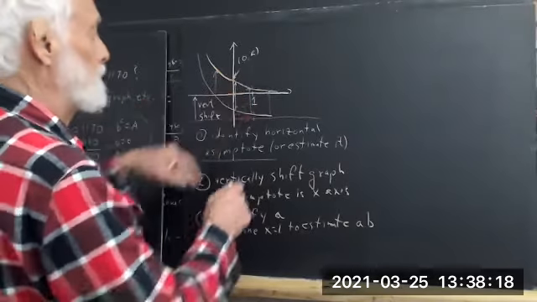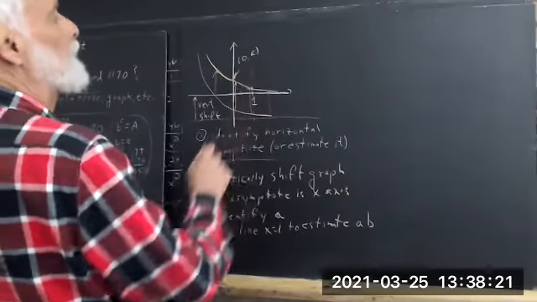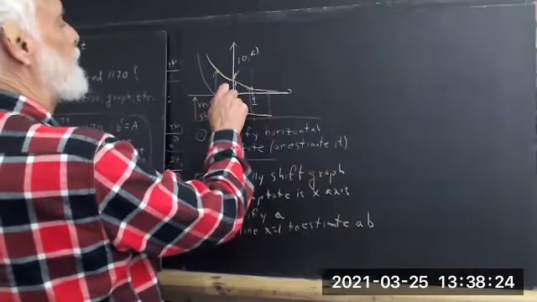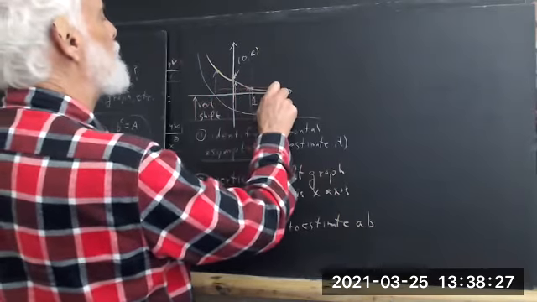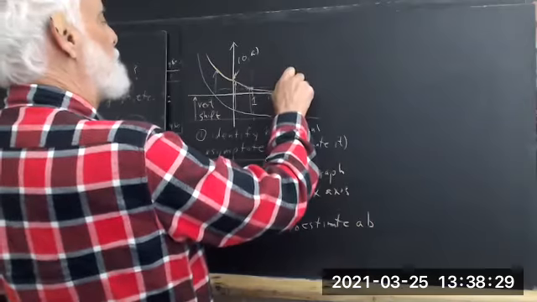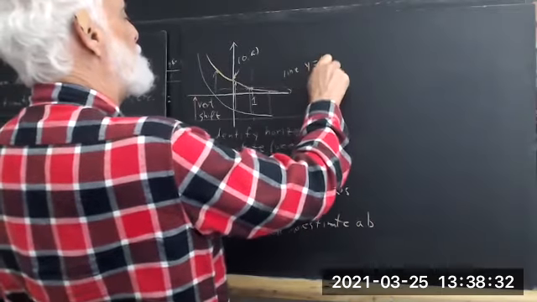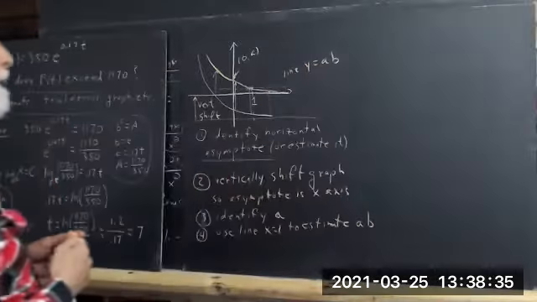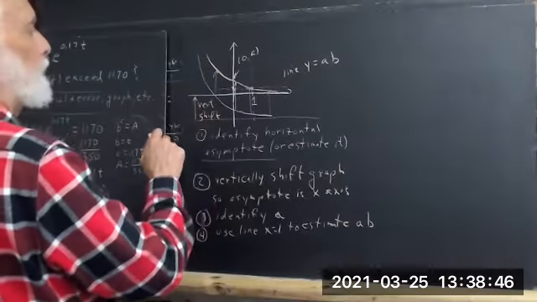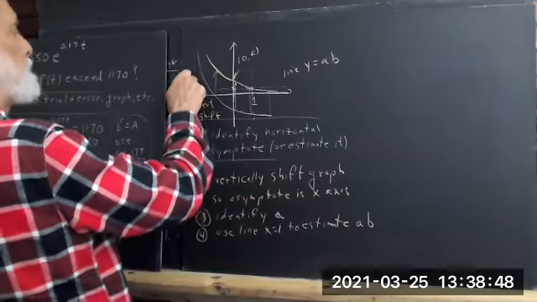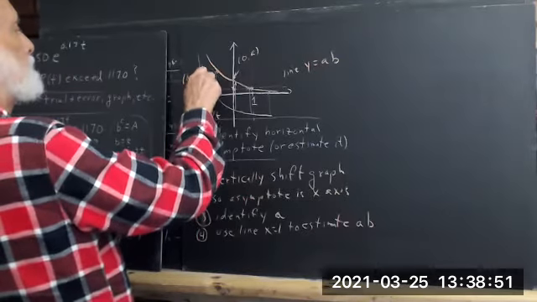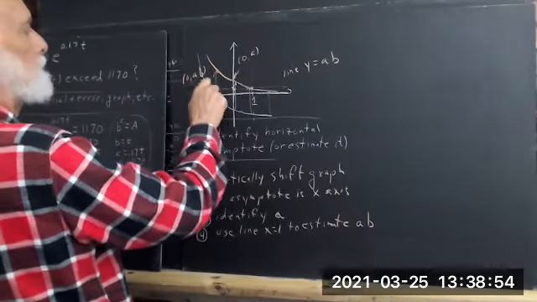So here's the line where x equals 1. Here's the point on the graph. Here's the line y equals ab. And this point would be then the point (1, ab).